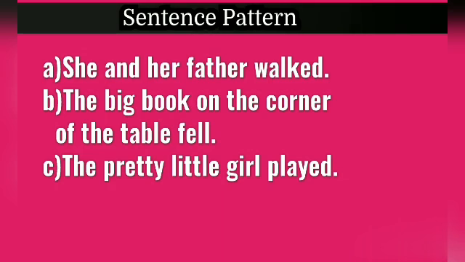Walked is the verb. Next sentence talks about the book. The big book on the corner of the table is the subject. Fell is the verb. Next sentence talks about the girl. The pretty little girl is the subject. Played is the verb. Thus, a subject may be one word or many words.